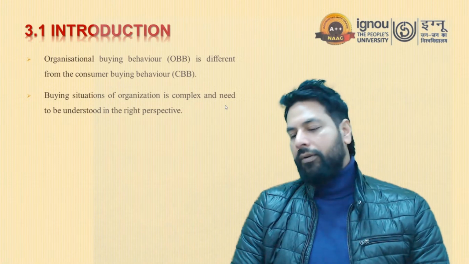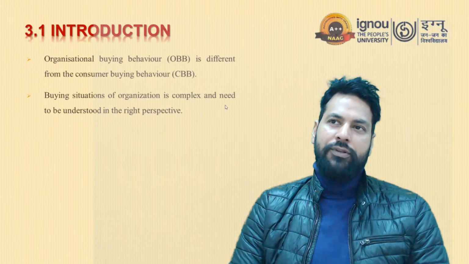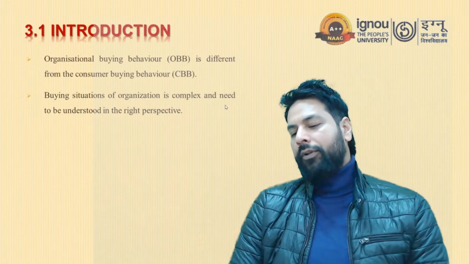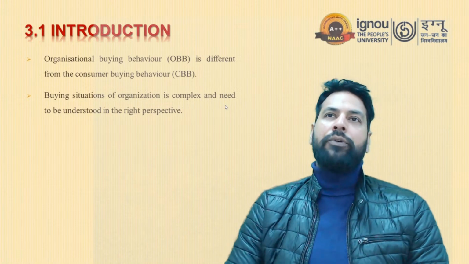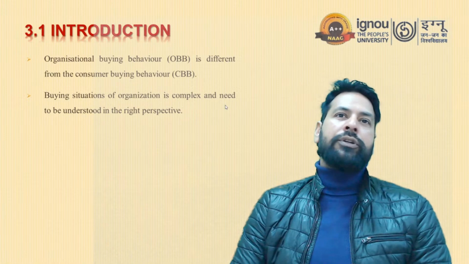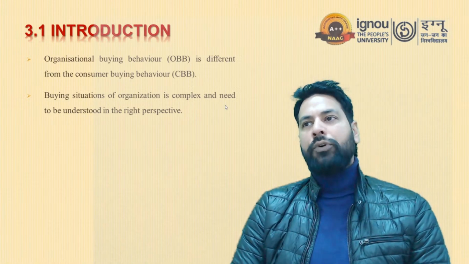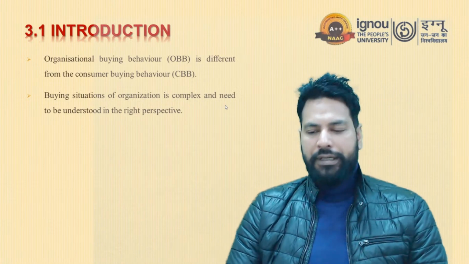But if I want an organization to make a purchase, there are people who would be involved. Maybe somebody from the IT department would like to purchase 100 laptops. Now they will give the description to the finance department. Finance department will approve it. Then it will go to the CEO, and so on and so forth. So we'll understand this.